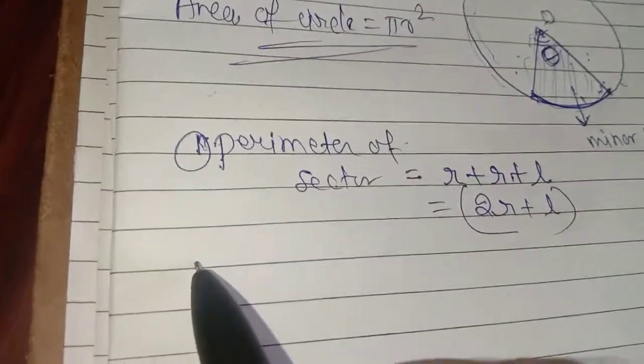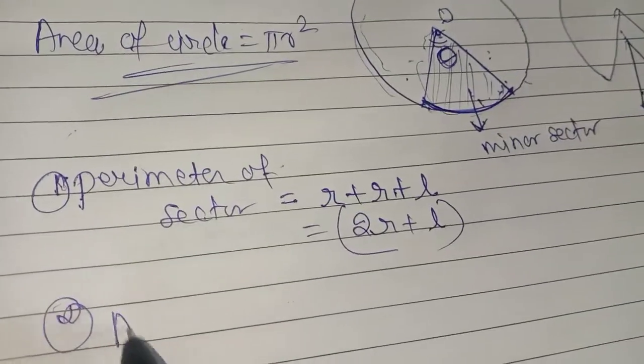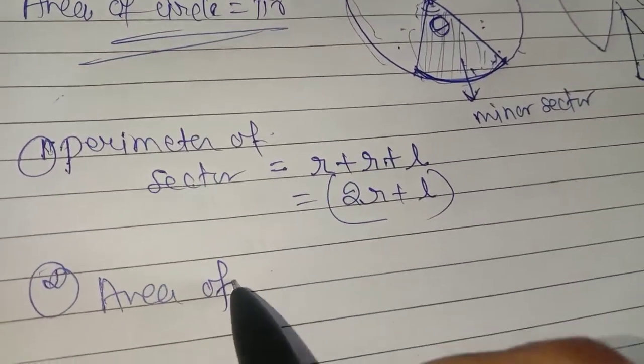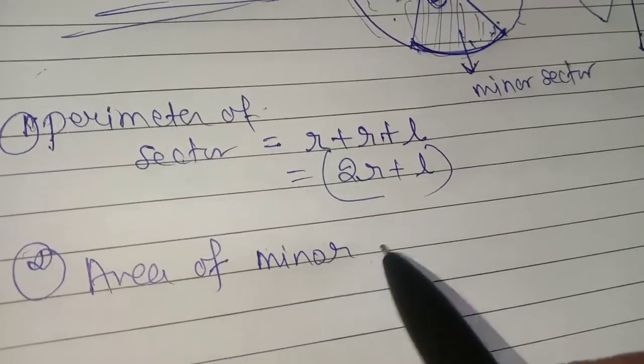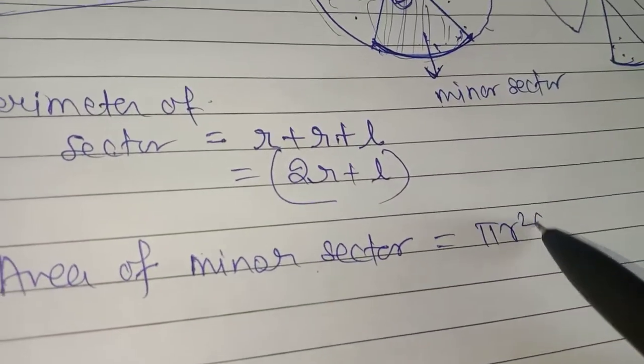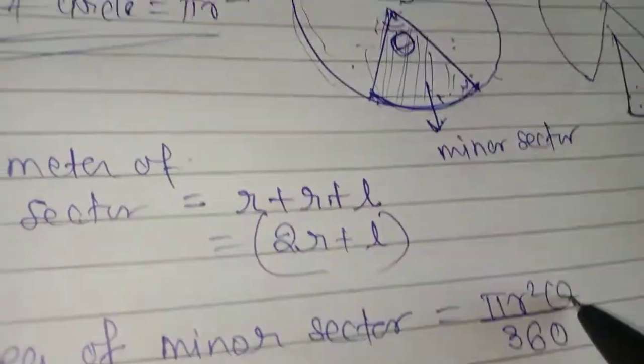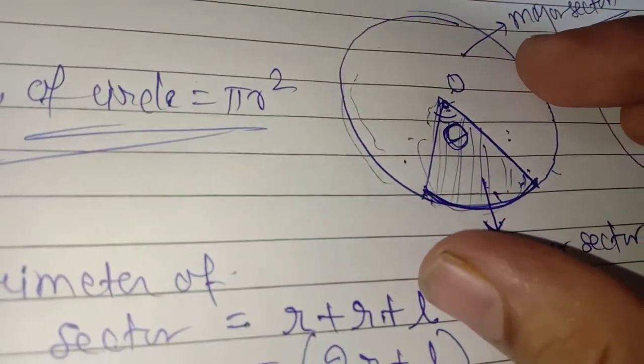So we have the formula for area of minor sector: pi r square theta upon 360, the total angle being 360, with radius r and angle theta. So this is the area of the minor sector.